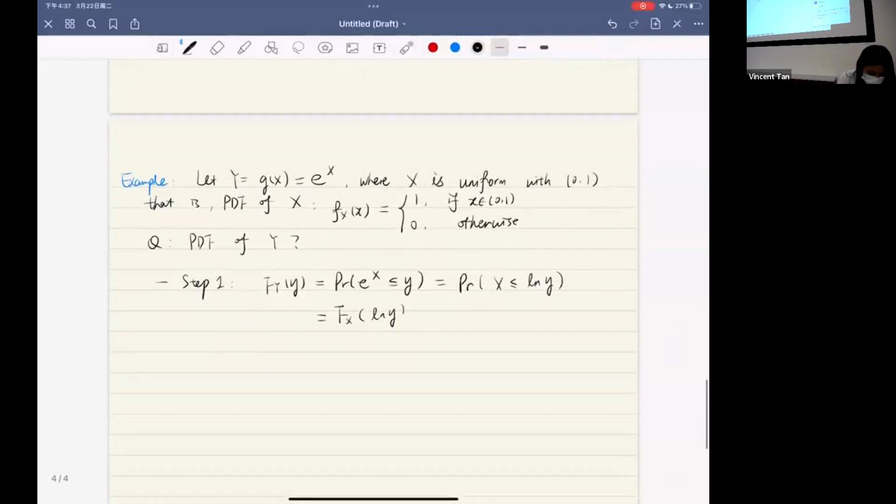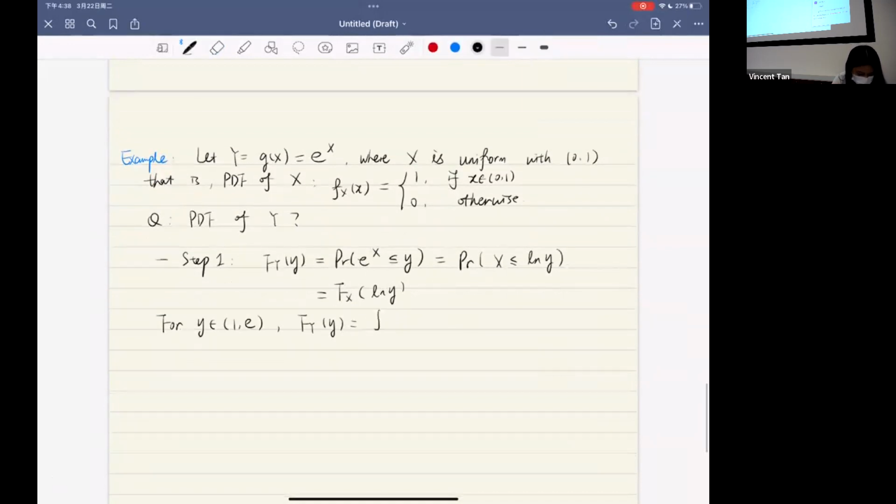So here we still need to discuss different cases of y. Y in between 1 to e, which means x is in between 0 and 1. So we can see that the CDF of y is the integral from 0 to log y over f_X. And f_X here is equal to 1.